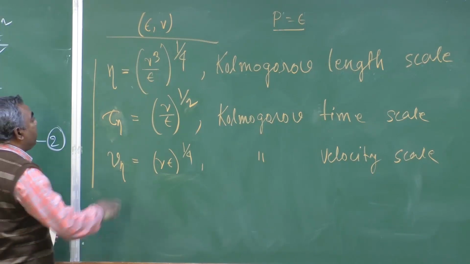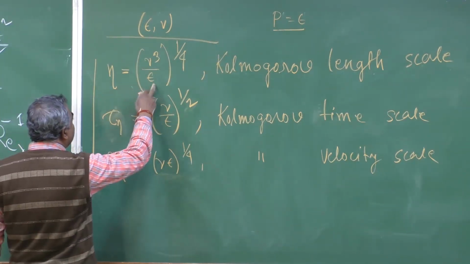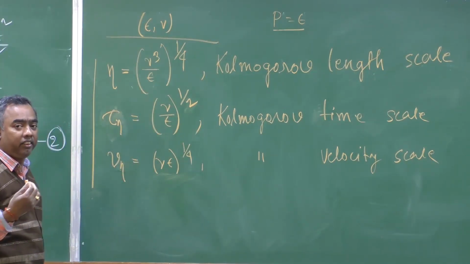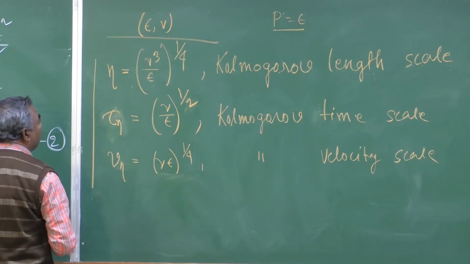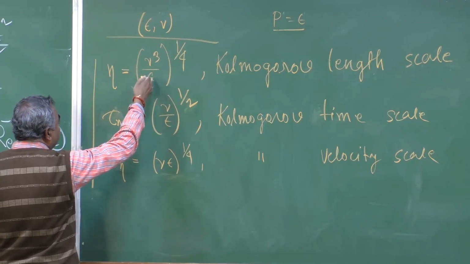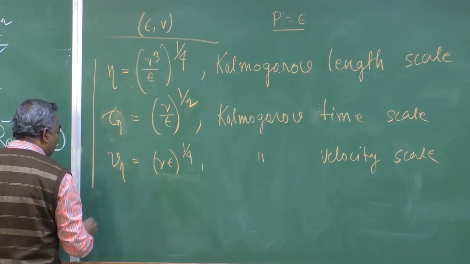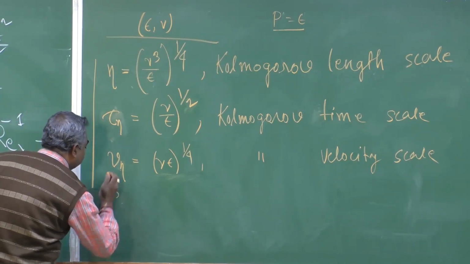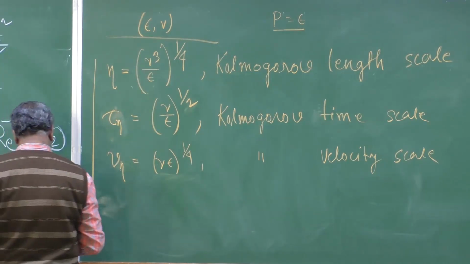Now, if you would like to find the scale ratio between the Taylor microscale, which was just defined some time back, and eta, that is, the ratio between the Kolmogorov and the Taylor microscale, then we have to work with this particular relation. Let me do it here.